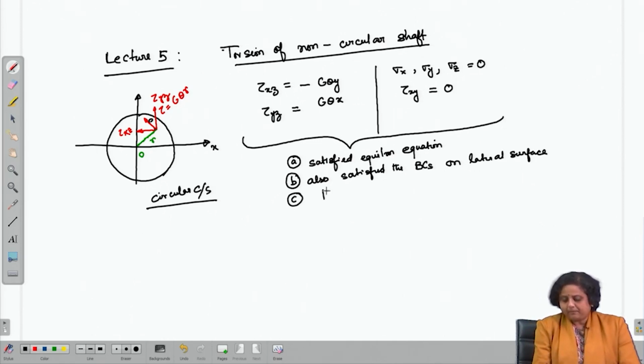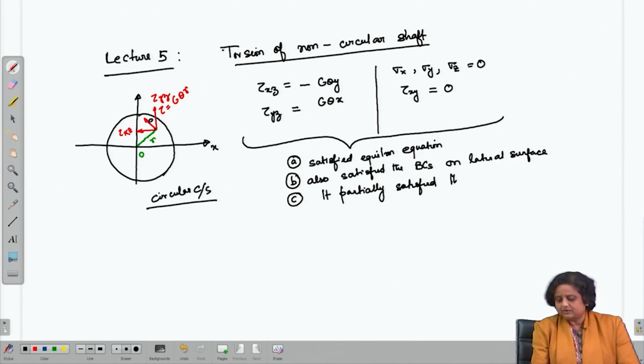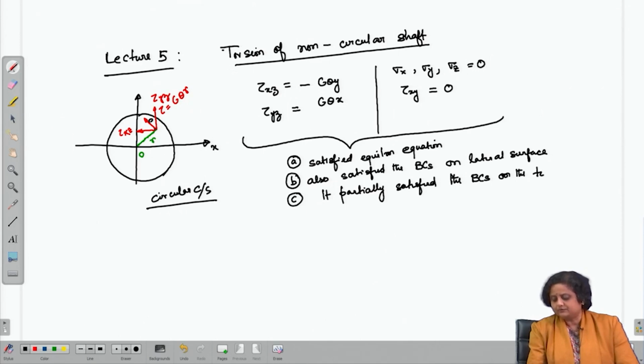It partially satisfied the boundary conditions on the top and bottom surfaces.